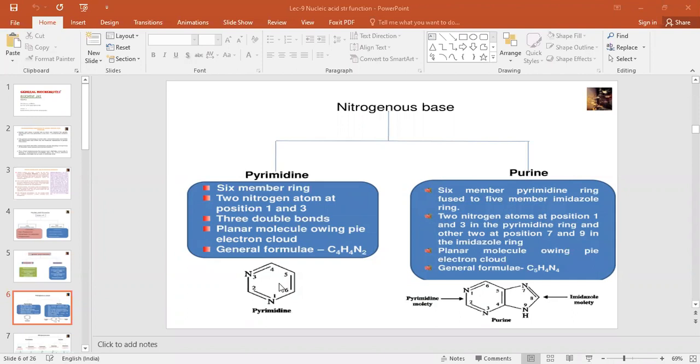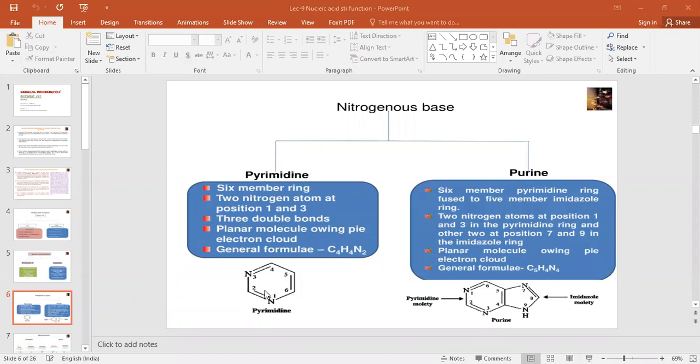In the pyrimidine structure, the numbering system starts from the bottom nitrogen and goes in a clockwise manner. You can write this down.